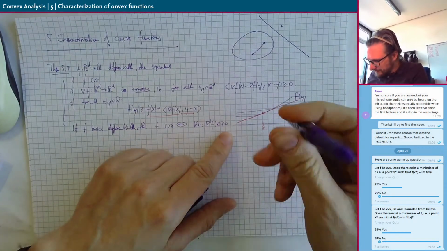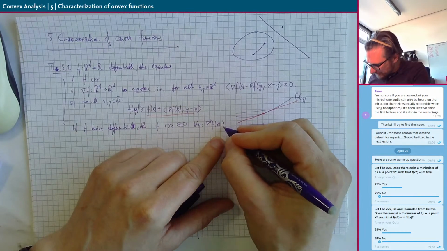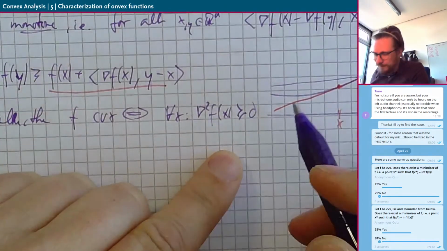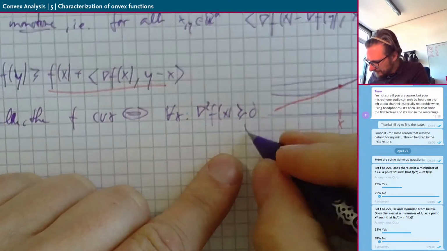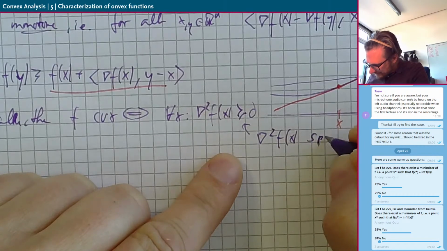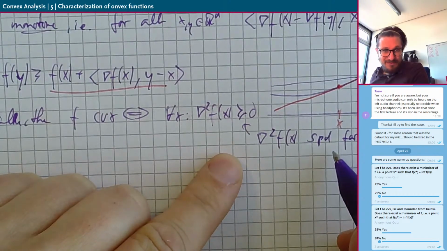So here, there's some curly greater equal, or maybe I write it a little larger. This is a curly greater equal. I don't know, this is how I write it, and this means SPD for all x. So symmetric positive semi-definite.